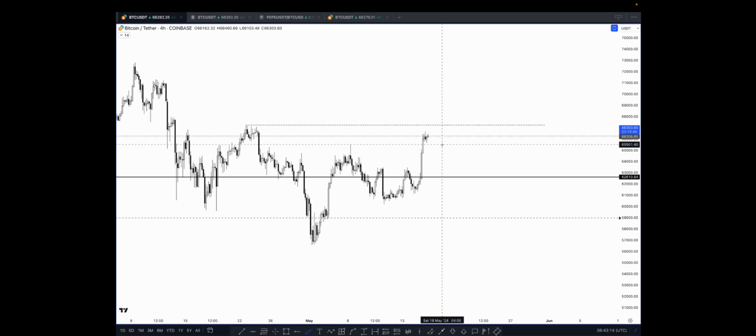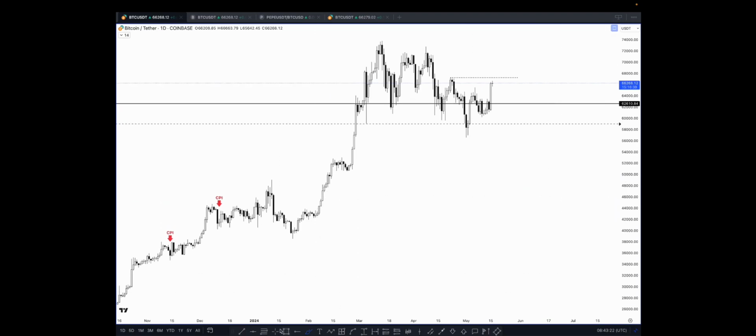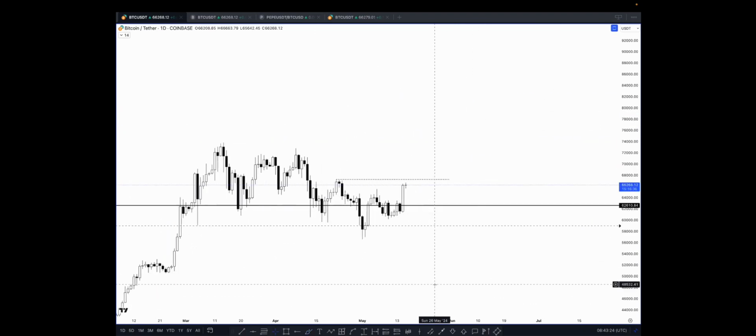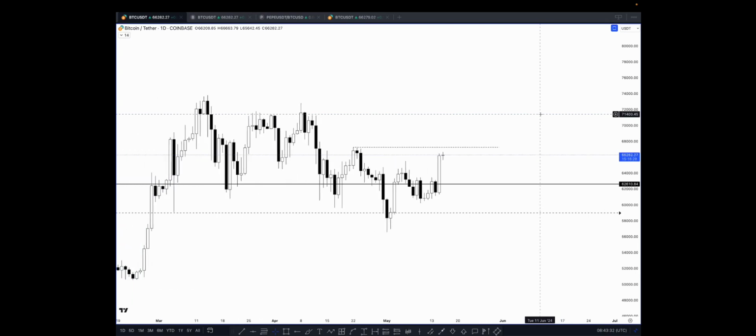Could be wrong, but I think Bitcoin is going to consolidate more. At the end of the day, this is still just a range. And if you're just playing it as a range, we're going to go to range high, right? We took out the lows, failed, came back inside, probably going to go to range high.